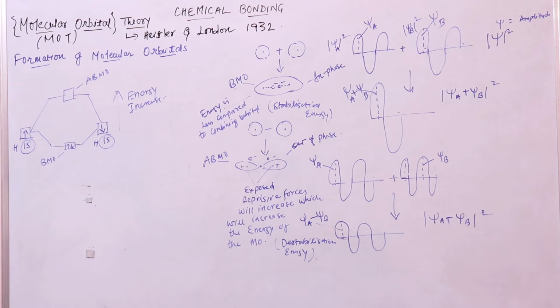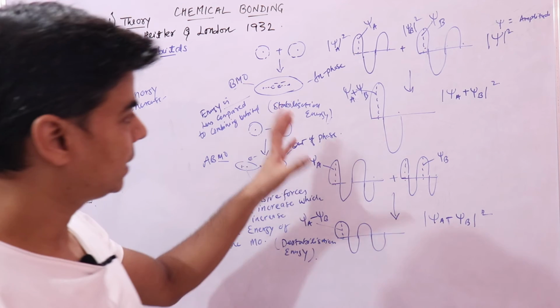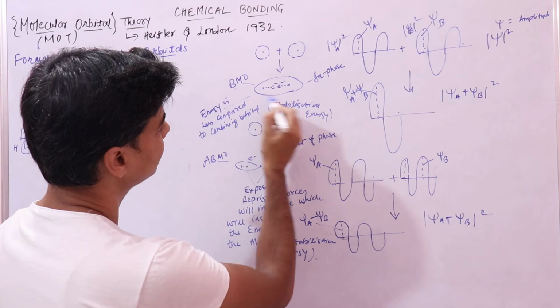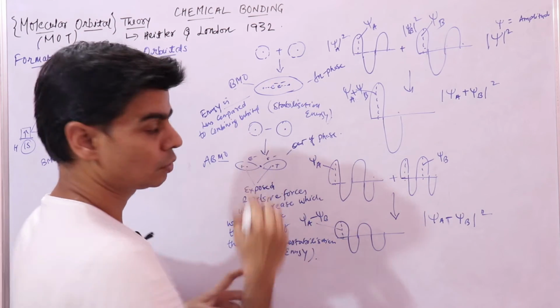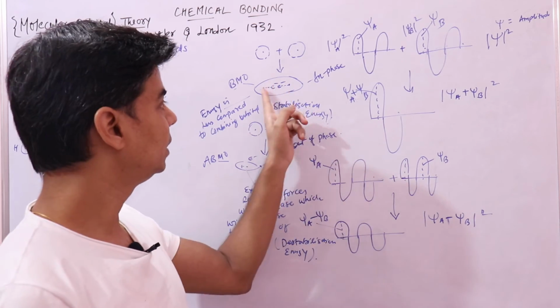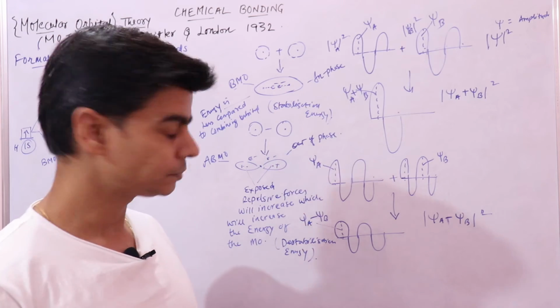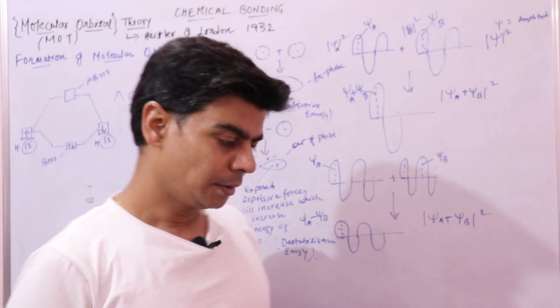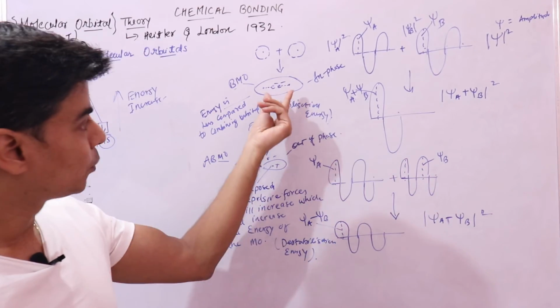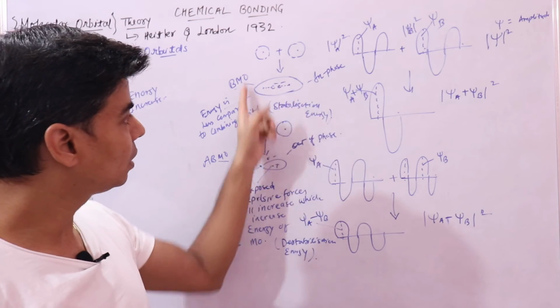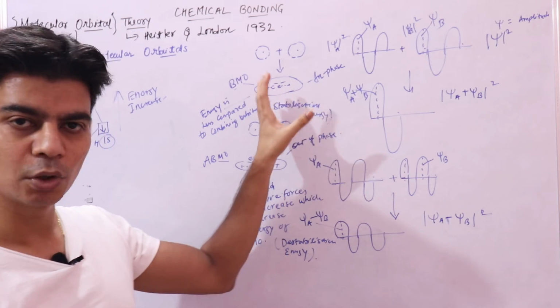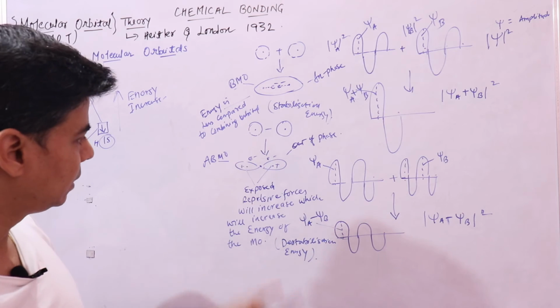Now let's look. We said that when a bonding molecular orbital is formed, electrons will spend most of their time in the internuclear region, which means that the probability of finding the electron is more in the bonding molecular orbital. We'll prove this mathematically.